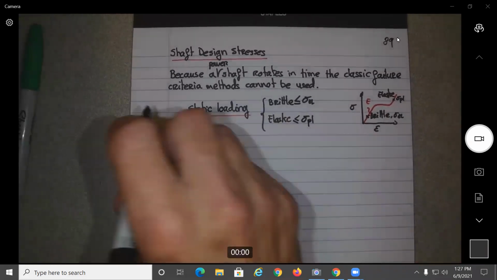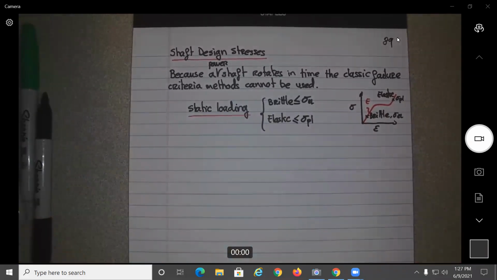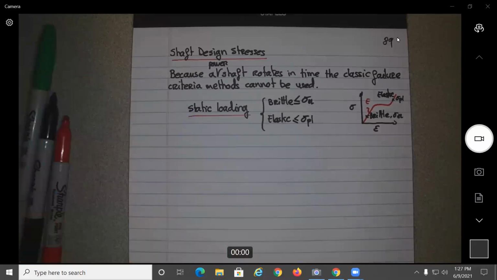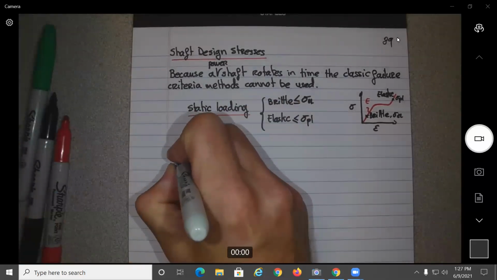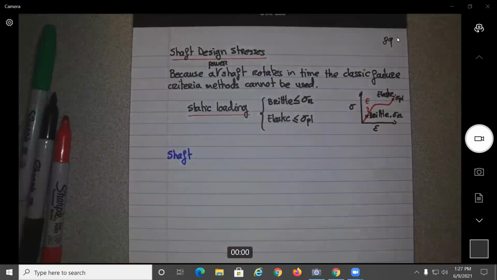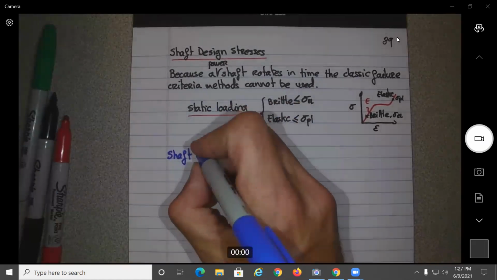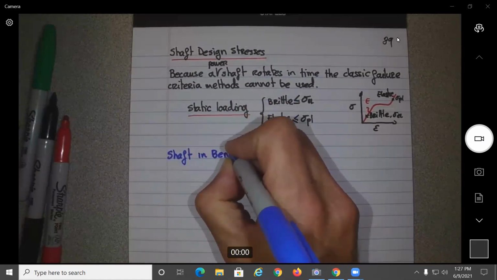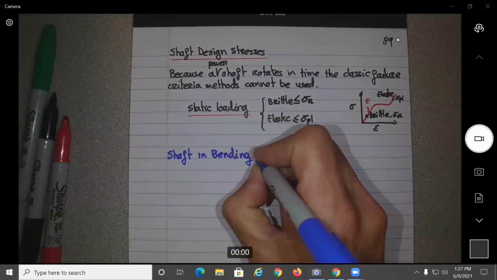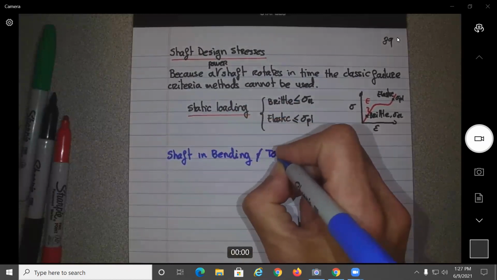Okay, so we're going to look at multiple cases. So let's say a shaft in bending and torsion.